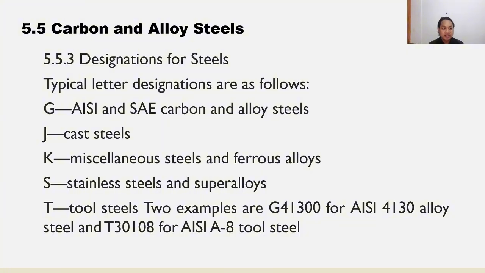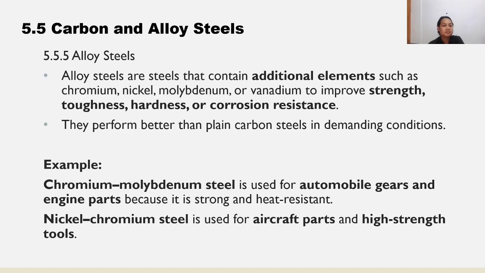Designations of steels. Typical letter designations are as follows. Next, we have alloy steels. Alloy steels are steels that contain additional elements such as chromium, nickel, molybdenum, or vanadium to improve strength, toughness, hardness, or corrosion resistance.